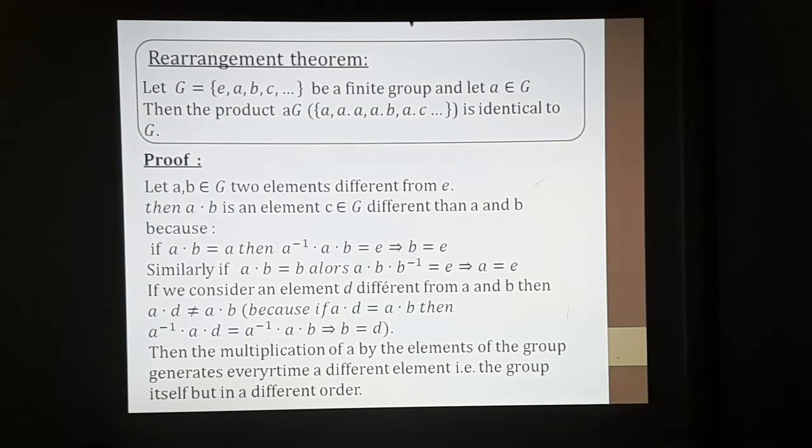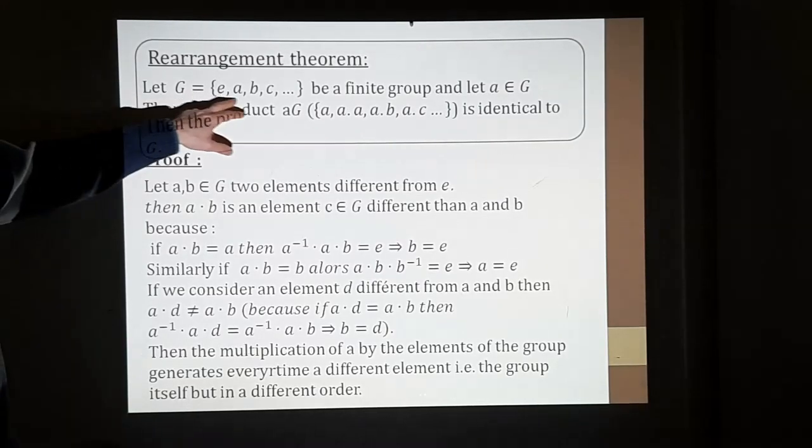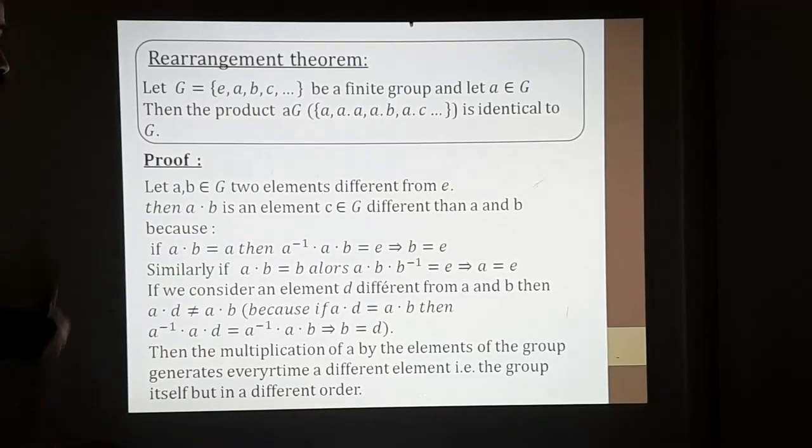So now I will present the rearrangement theorem, which is an important theorem that we will use after. So basically, let's consider that we have a group G, a finite group.